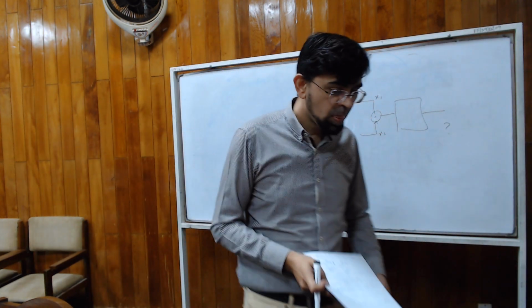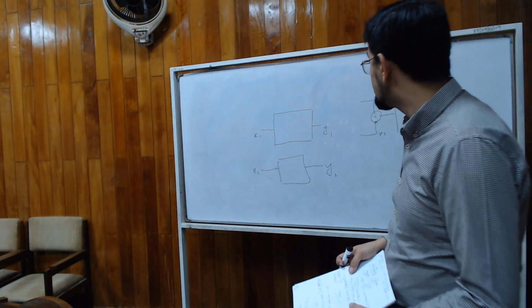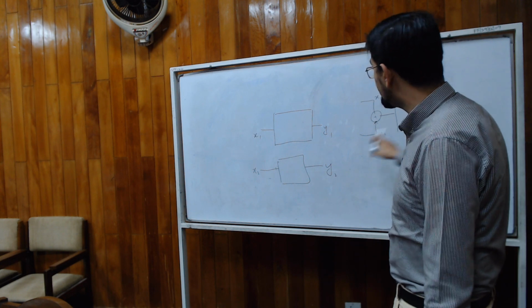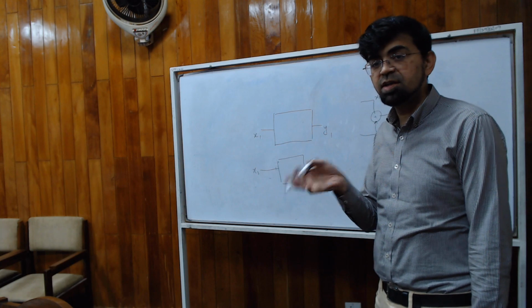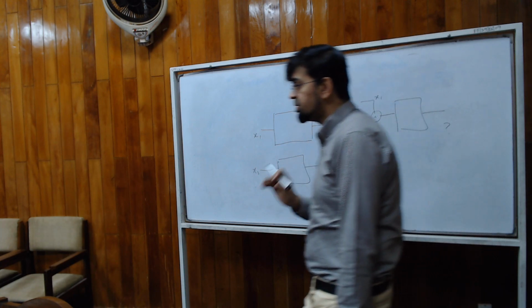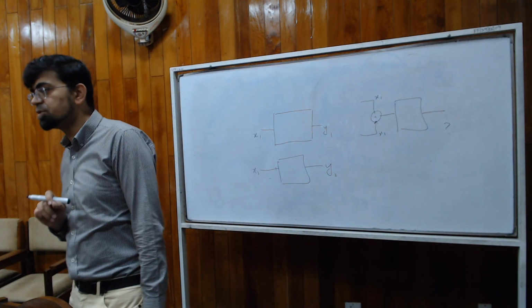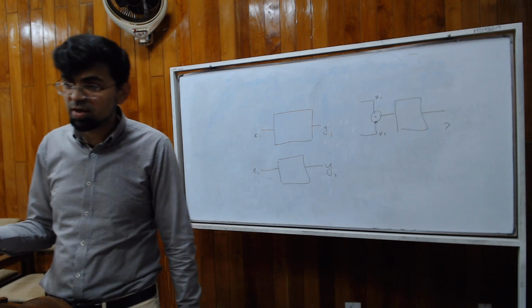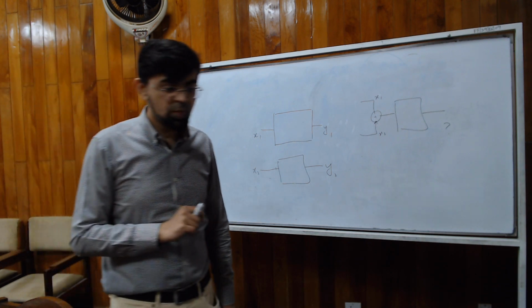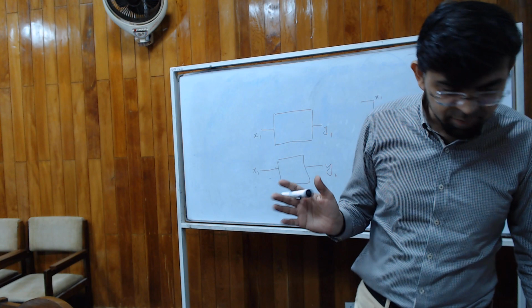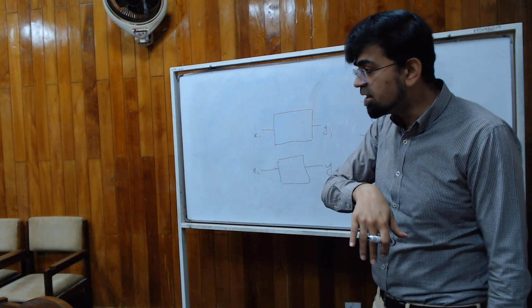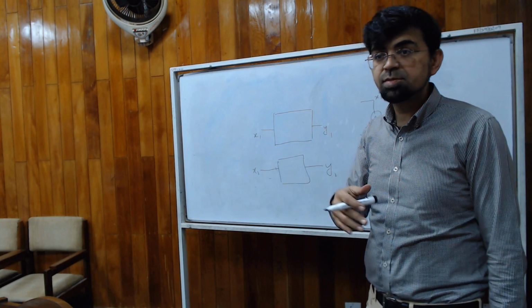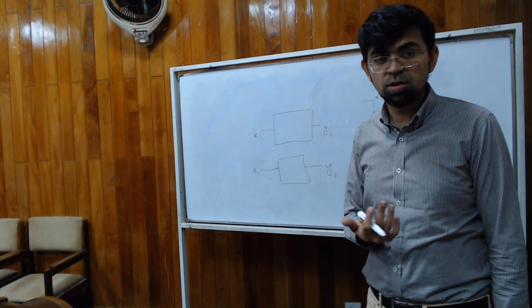Superposition. So does the system give me a simple sum of the original outputs? I gave it x1, it gave me y1. I gave it x2, it gave me y2. Now I'm giving it a sum of the inputs. Does it also sum the outputs accordingly or not? Depends on the system. Again, the system doesn't have to do it, but the class of systems that do that are systems that allow superposition.